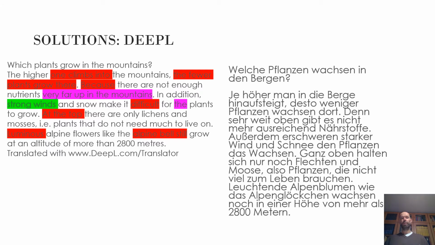This is easy for a computer to do because what the computer simply does is compare the combination of wind and snow, and it's got hundreds of examples at its disposal, and what it will find quite easily is that snow and wind often collocate in this type of constellation where we have strong winds in the plural. So strong winds and snow make it difficult for the plants to grow.